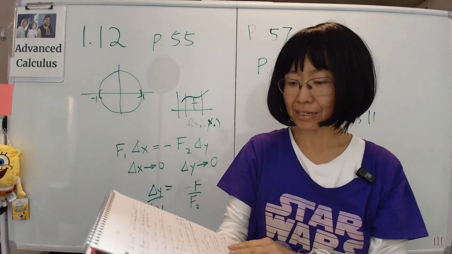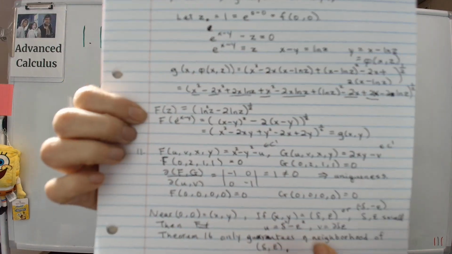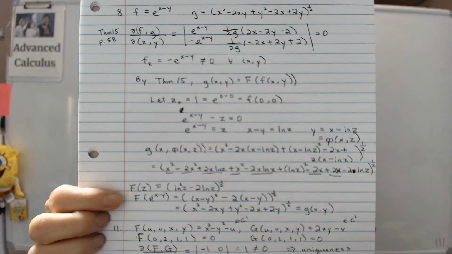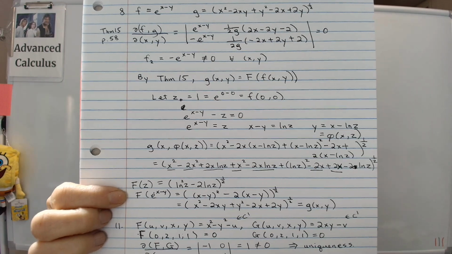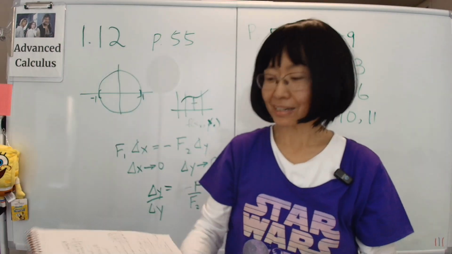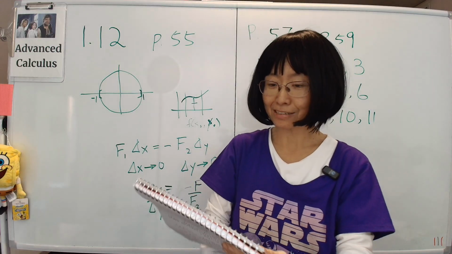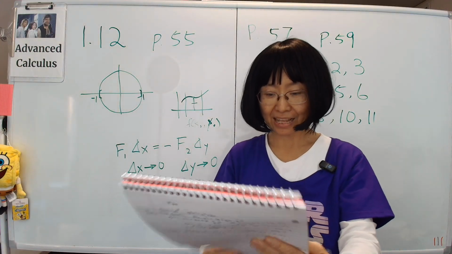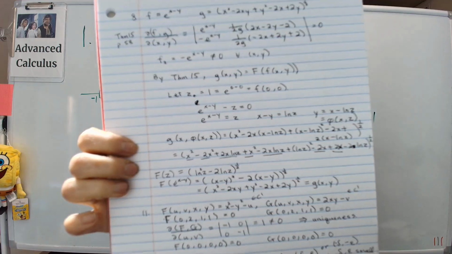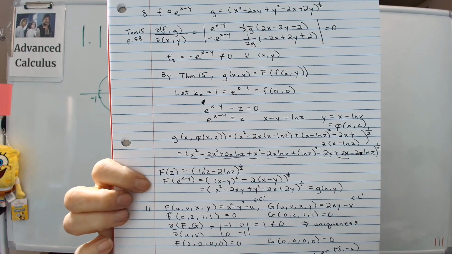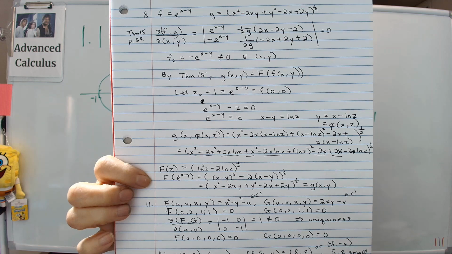And then I plugged the original little f into the big F to make sure that it does work out, and it does. When you plug it in and you have a pile of stuff, eventually it looks exactly like the small g, which is great. I should show it to you again if I didn't show it clearly last time, so that you can see that it works out very nicely.